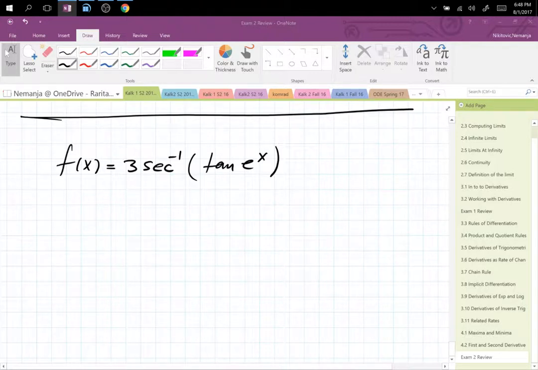We can solve this by using the chain rule, right? So we need to know first what the inverse secant formula is. We know tangent, right? Secant squared. Now inverse secant, if you remember, was 1 over absolute x times the square root of x squared minus 1.